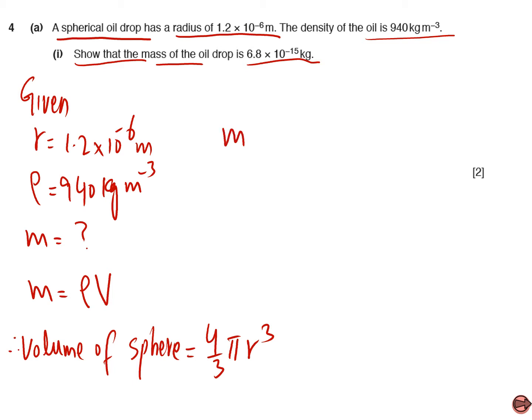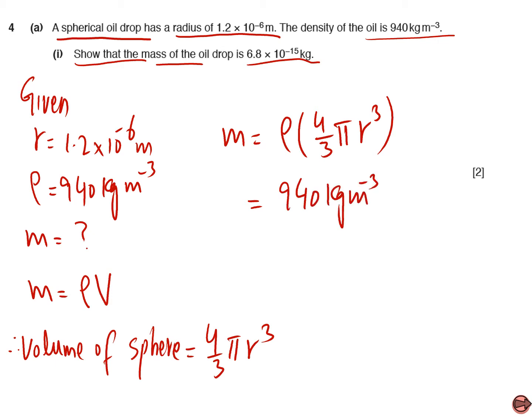Now, for the mass, we can write mass is equal to density times volume. We can replace volume with 4 by 3 pi r cubed. Next step, we simply plug in values. Density is 940 kgs per cubic meter, and the radius is 1.2 times 10 to minus 6.